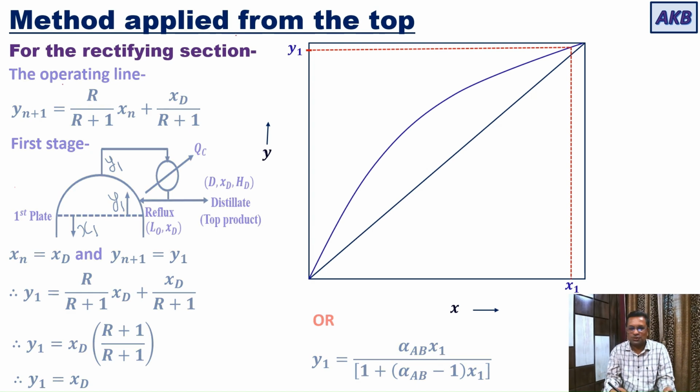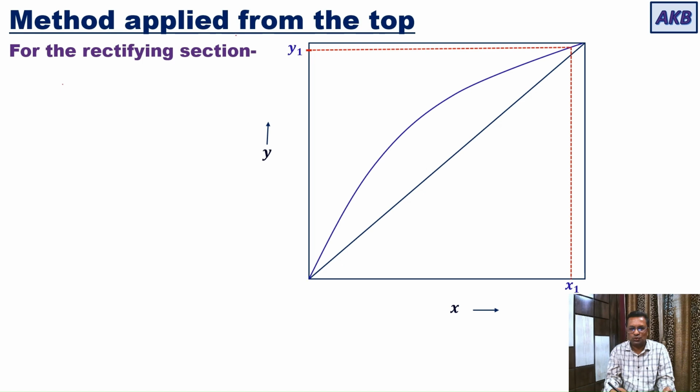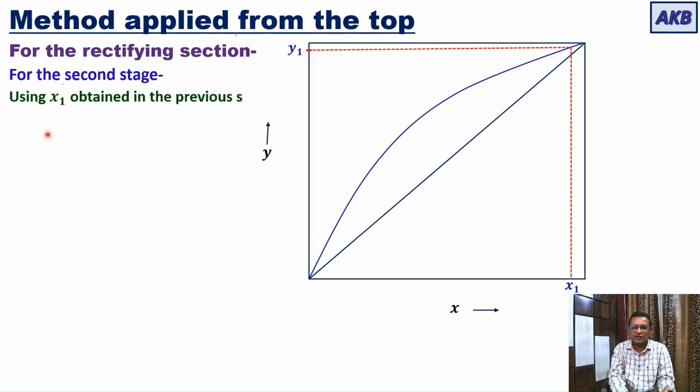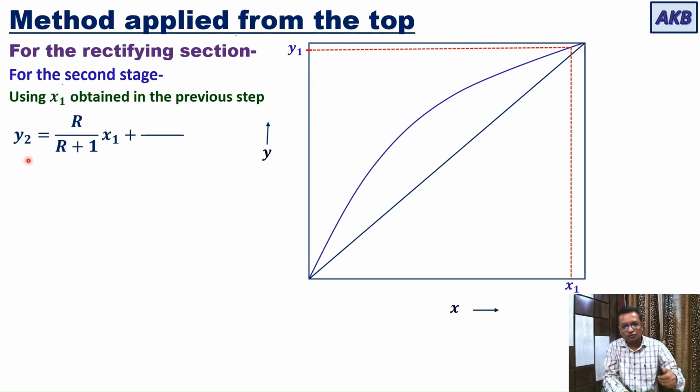Now let us go to stage number 2. For the second stage, we are going to use x1 that was obtained in the previous stage, either from the distribution diagram or the equilibrium relationship. Using x1, we use the equation for the operating line for the rectifying section.